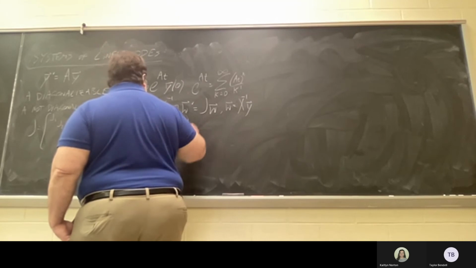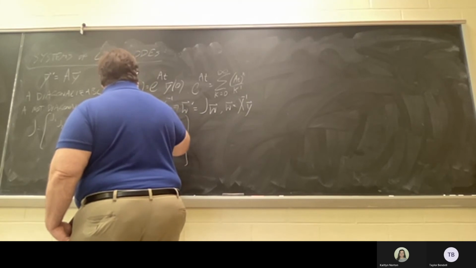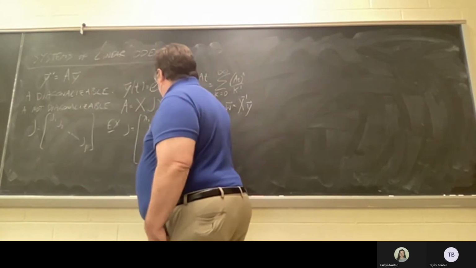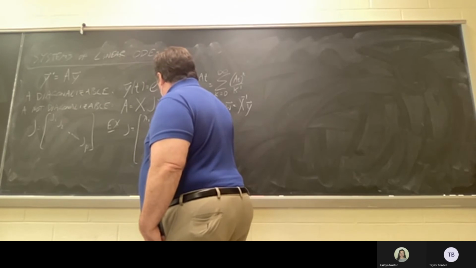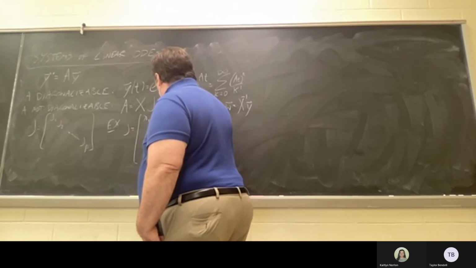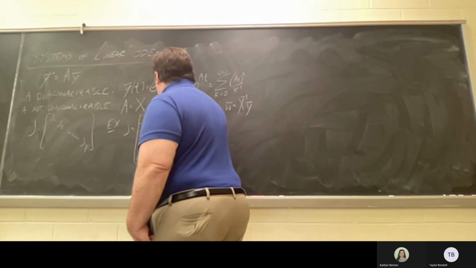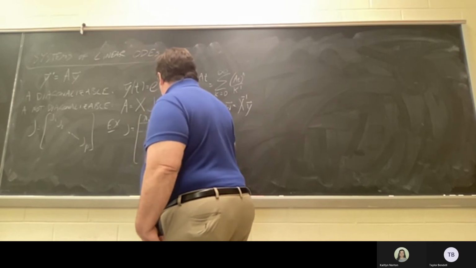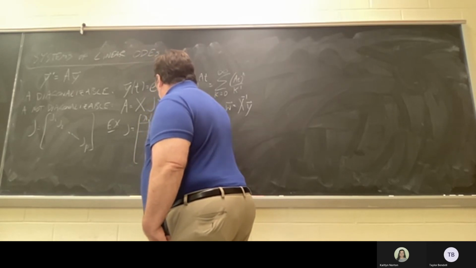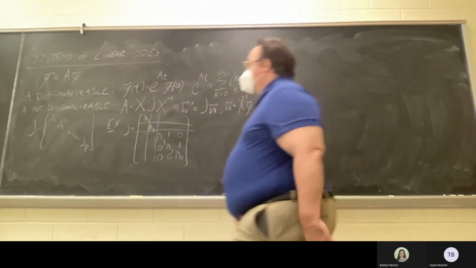J turned out was like lambda 1, lambda 2, and then a 3 by 3 Jordan block after these two that are 1 by 1s. Okay.